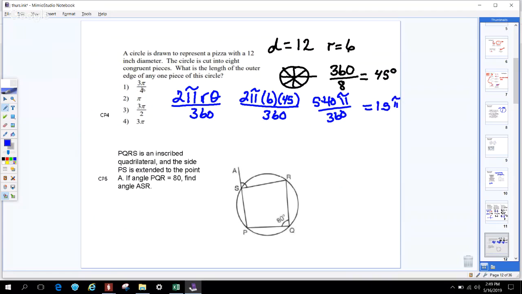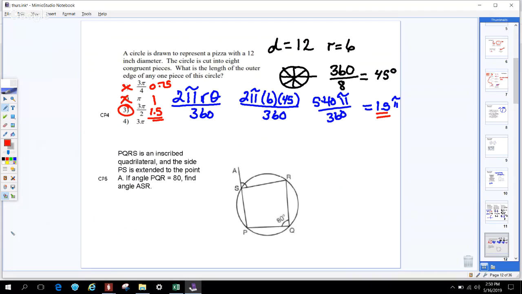Now I'm just going to do each of these fractions. 3 divided by 4 gives me 0.75, so I know it's not choice 1. Here, there's no number, so that's just plain 1, so it's not choice 2. 3 divided by 2 on the calculator gives me 1.5. That's what I'm looking for, so I know my answer is choice 3. If you stink at reducing fractions, that's something else you could do instead.